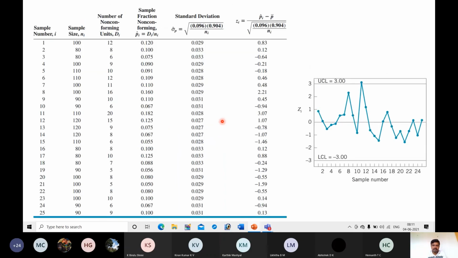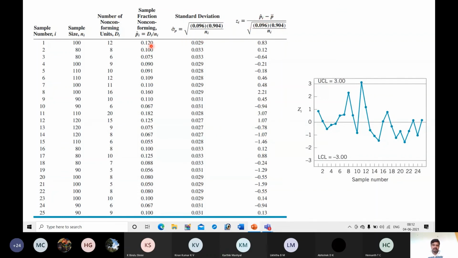For this problem also, the P value, that is the process fraction non-conforming, is not given. So based on the sample fraction non-conforming, we can find its average. For this case, the P bar value is 0.096.